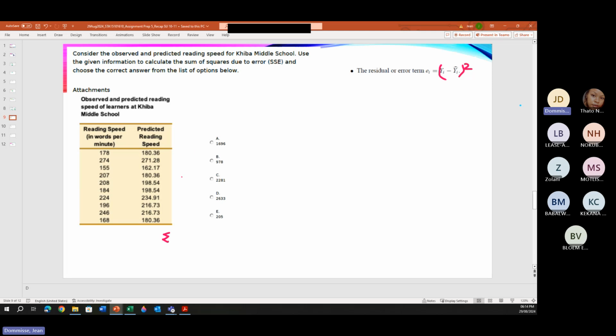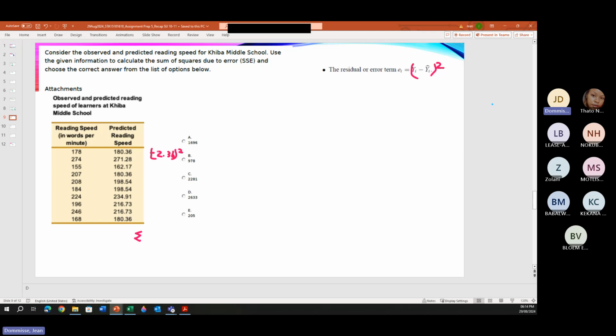So you could have done that manually, but then again, you would have needed to say 178 minus 180.36, which is minus 2.36, but then you still needed to do it to a power of 2 and then do it for all of them. So again, something like this does take time.